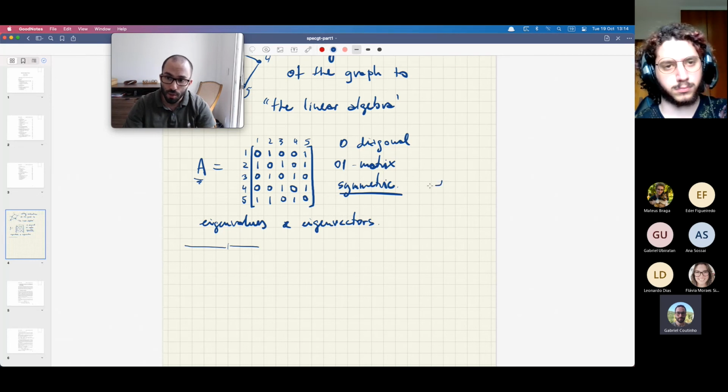Today's lecture will be about symmetric matrices. In particular, I will show today that symmetric matrices are diagonalizable with real eigenvalues and orthogonal eigenvectors, which is something you might have seen in your linear algebra 2 course, but maybe you haven't, and this will be very important for us.